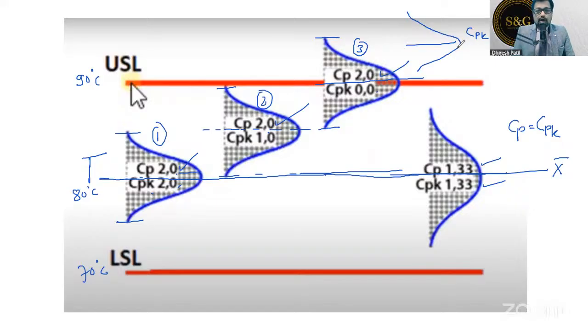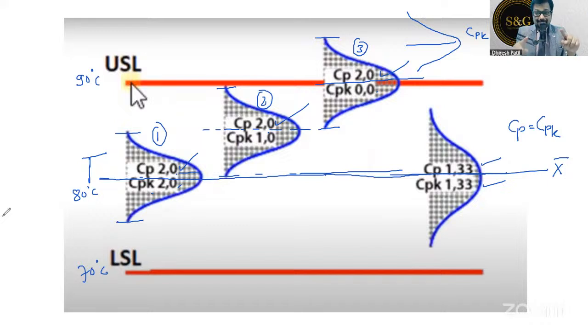Now, while we are here, let me tell you the relationship between Cp and Cpk. Cp is the highest potential. Cpk can reach up to Cp, but it cannot exceed Cp.